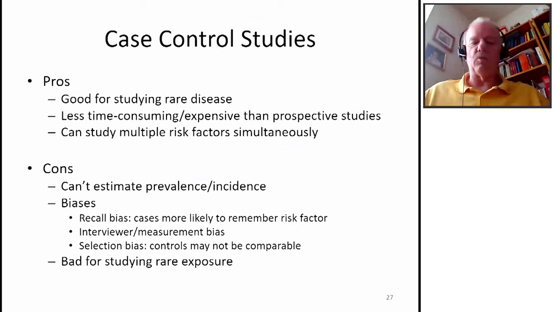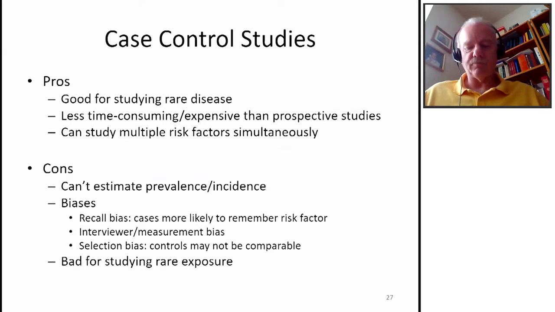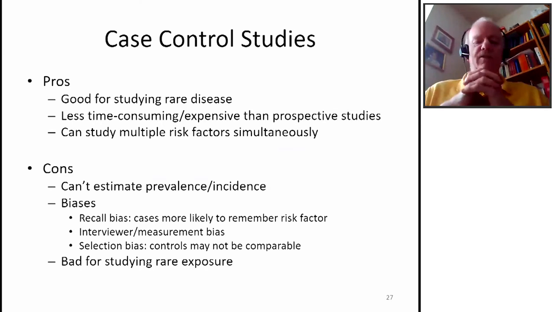You find recall bias. The people who do have lung cancer are much more likely to remember that they smoke, and more likely to remember other risk factors. There can be measurement bias, interview bias; depending on how you ask the question, you get a different result. Selection bias, that is, there might be differences other than your risk factor.